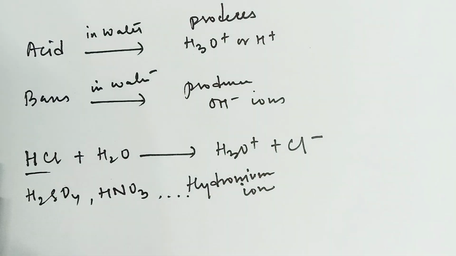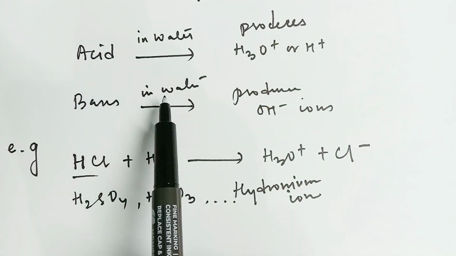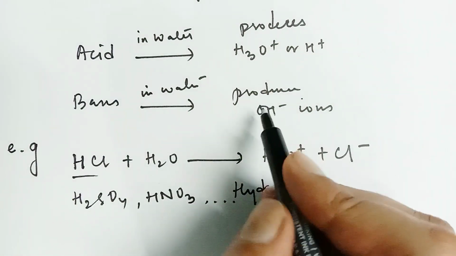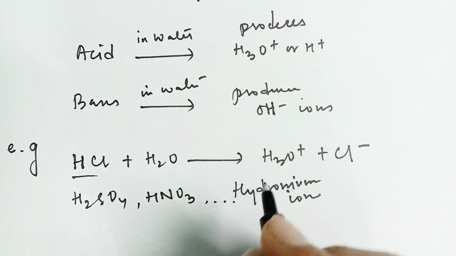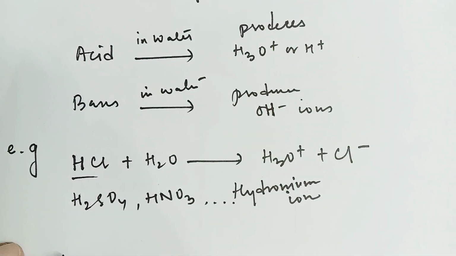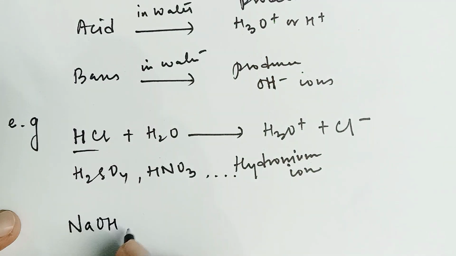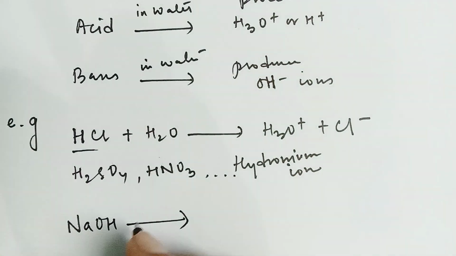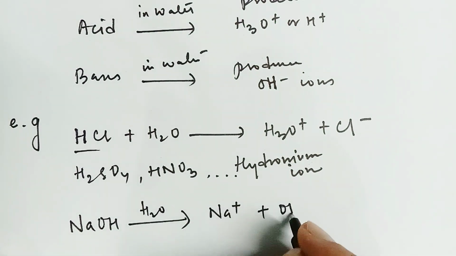Bases are defined like this: those substances which when dissolved in water produce OH minus ions. OH minus is also called hydroxyl ions. For example, NaOH when dissolved in water produces Na plus and OH minus hydroxyl ions.